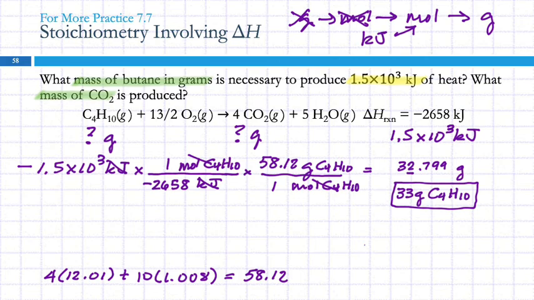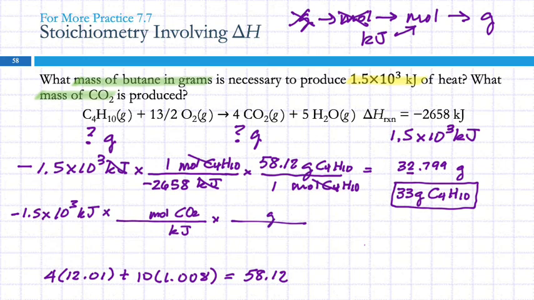The second question, we're calculating a mass of one of the substances again. So now we know we should put that negative sign there. Kilojoules. And now we're going to convert to moles of CO2. And then grams of CO2.